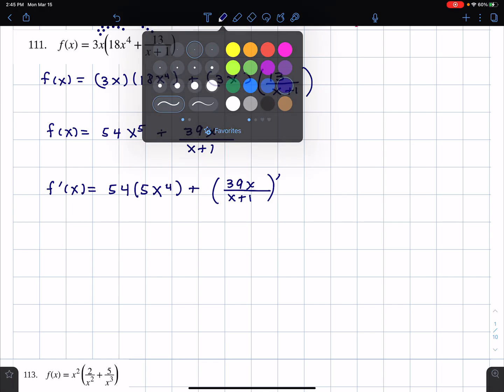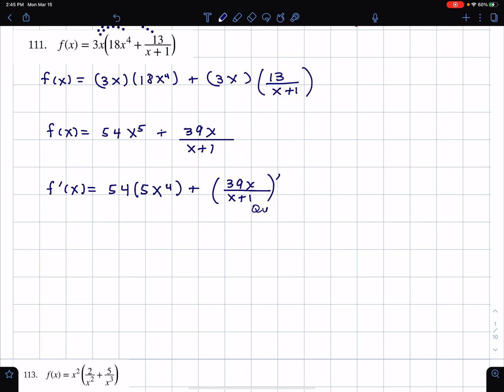I'm going to keep carrying over this 54 times 5x to the 4th, and simplify it a little bit. 5 times 54 is 270, it seems.